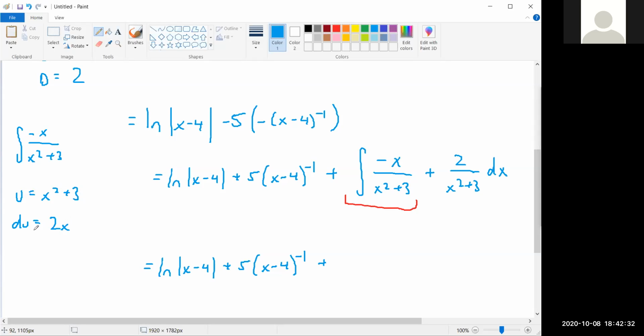We can put the 2 on the outside. So this would be the integral of 1 over u. Let me put the dx here. So what would du be?